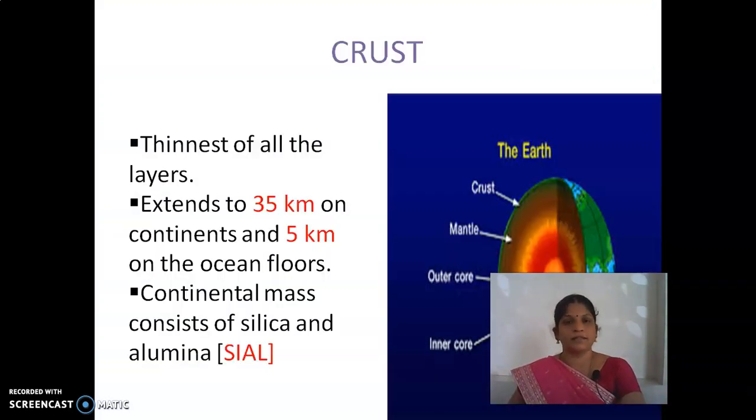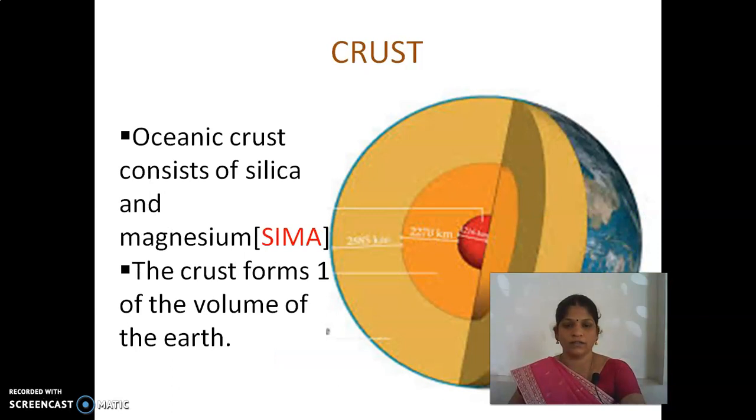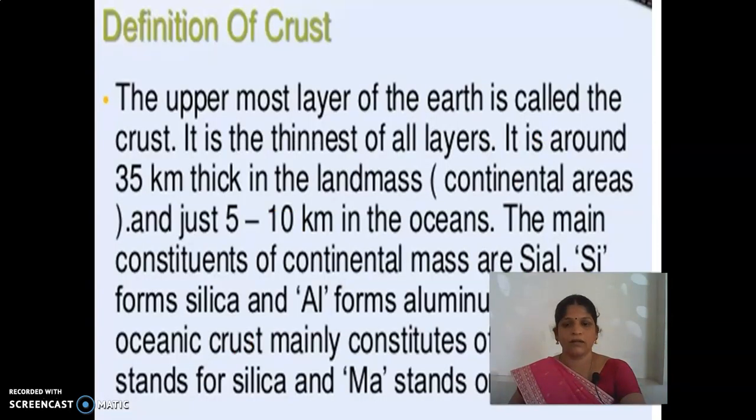The crust is the thinnest of all the layers. It extends 5 to 35 kilometers in the continental crust, and the oceanic crust is 5 to 10 kilometers only.